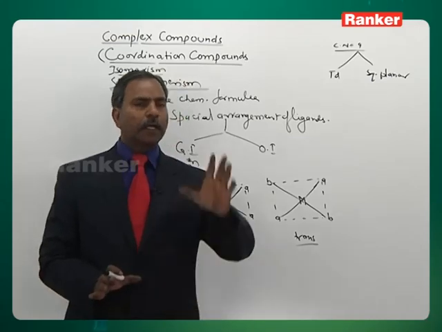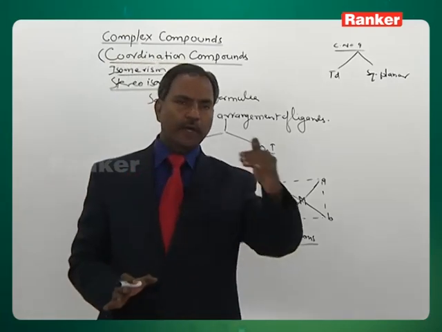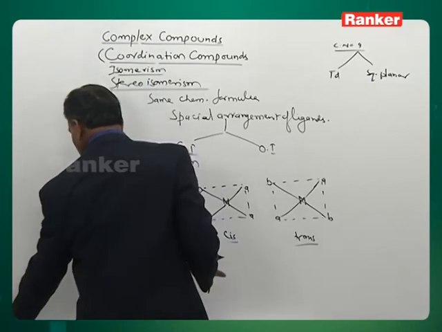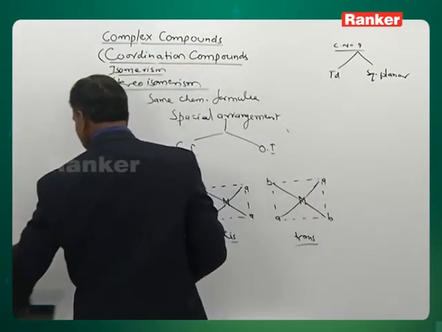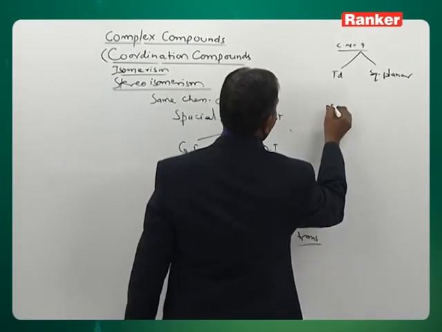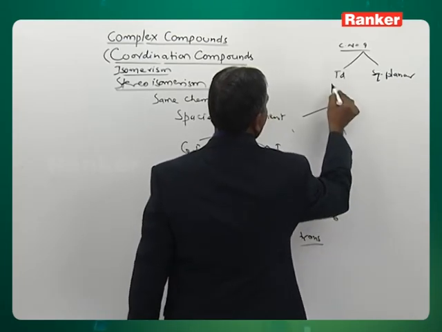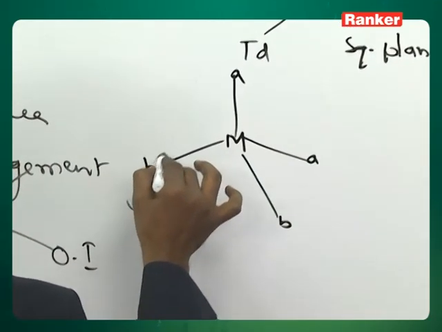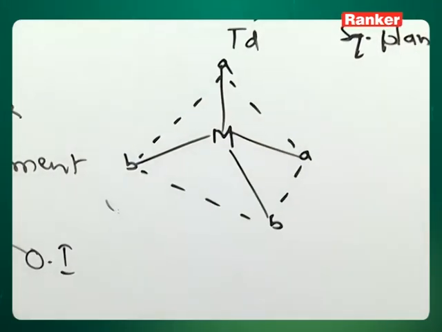Why? In tetrahedral geometry, each ligand is found to be equidistant from the remaining three ligands. How to show this? Look on the board. See now, M. Let me write A and A, B and B. This is tetrahedral geometry.